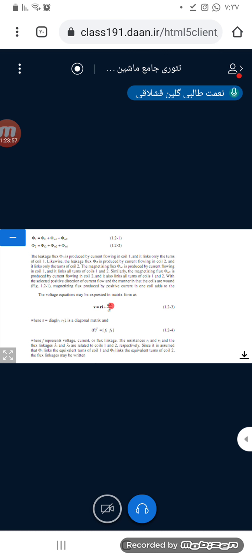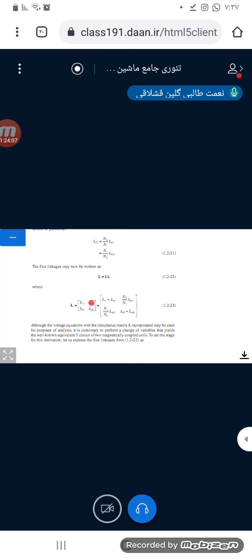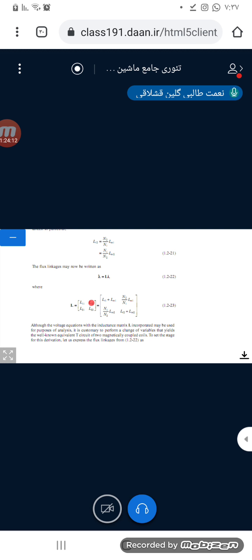So the differentiation of this means L di by dt. So we can show that this magnetic circuit in the electrical domain can be shown by two circuits that have inductances and mutual inductances.